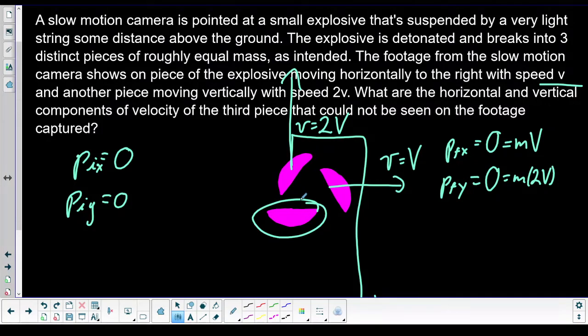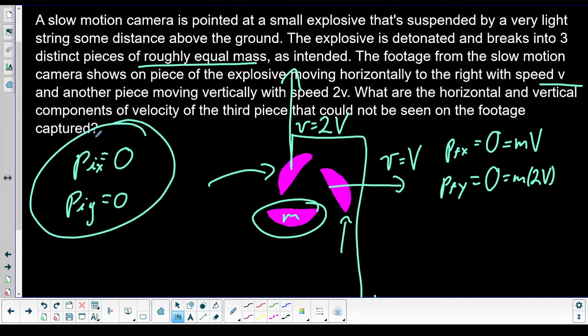Well, it has a mass of m. It's a third roughly equal mass, so it's going to be m, just like the other two. Its velocities need to be such that they cancel the momentum from this piece and the momentum of this piece so that the total is still 0. If we had 0 at the beginning, we need 0 at the end.